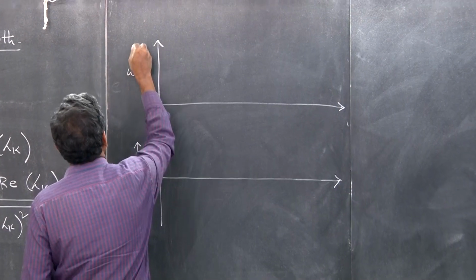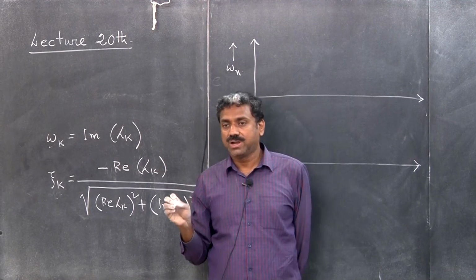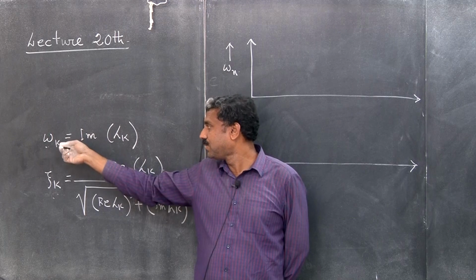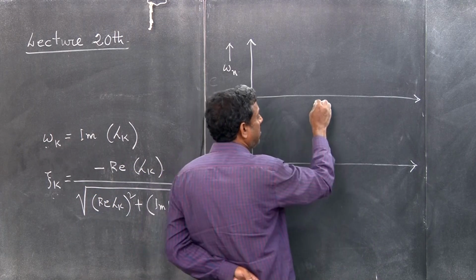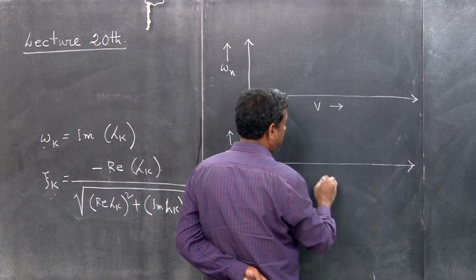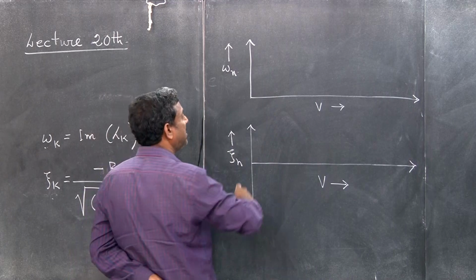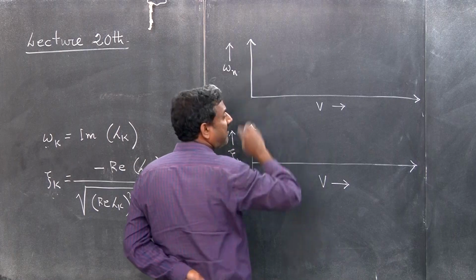We plot omega n and we plot xi n basically, okay. So for any system, when it results in a quadratic eigenvalue problem, you can find lambda k, and from there you can estimate omega k and xi k, and then you can plot them as a function of the controlling parameter. Here it is the velocity v, right? Wind speed. So here you will see what happened. Maybe you have multiple frequencies.